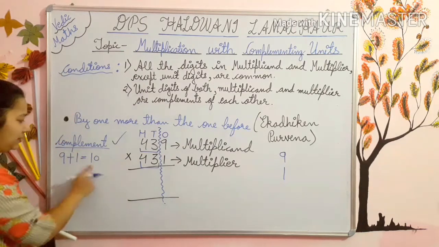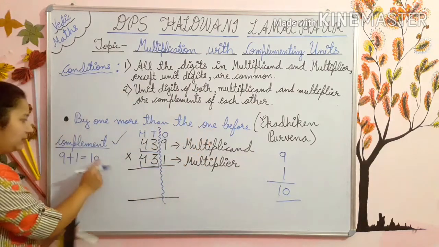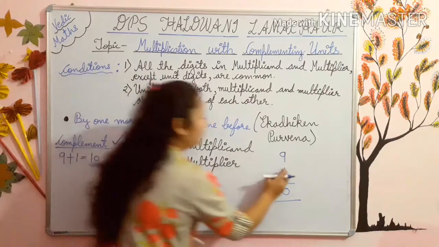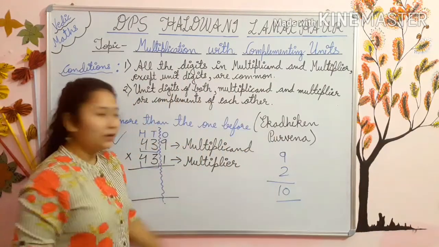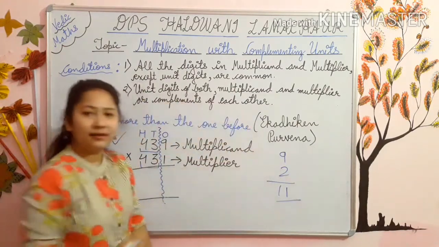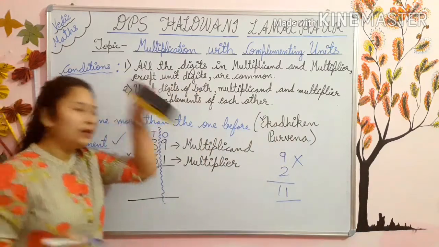See, 9 plus 1 is 10, so these are complements of each other. If it were like this, it would not give 10, it would give 11, so they are not complements of each other, and this condition will not apply.